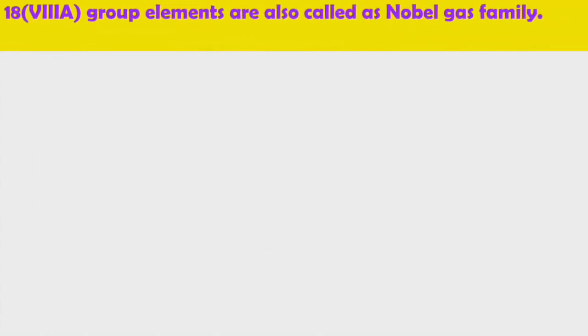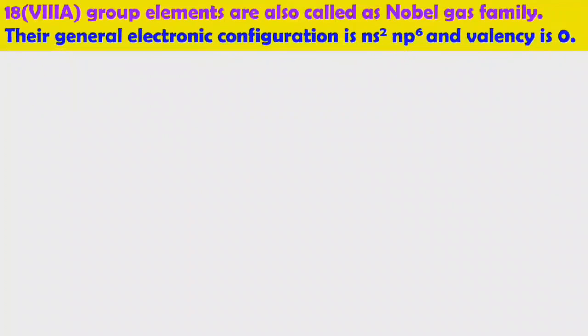Now go for 18th group or 8th A group elements, also called noble gas family, also called inert gas family, zero group elements. Their general electronic configuration is ns2 np6.